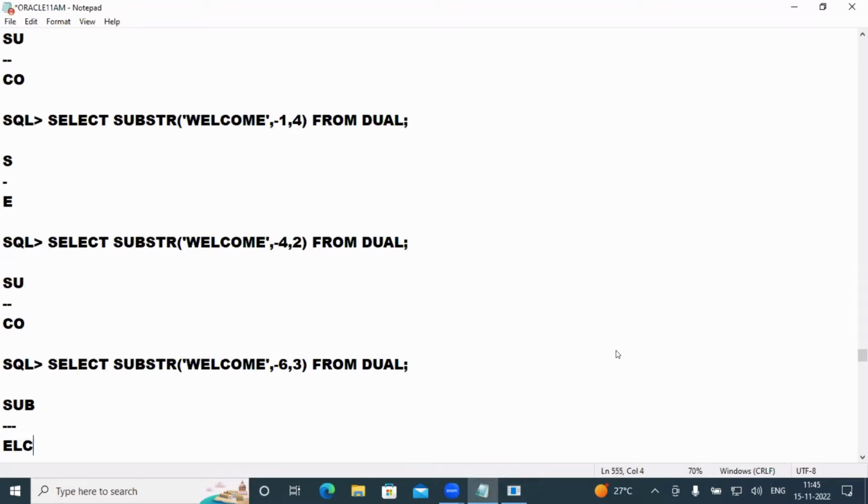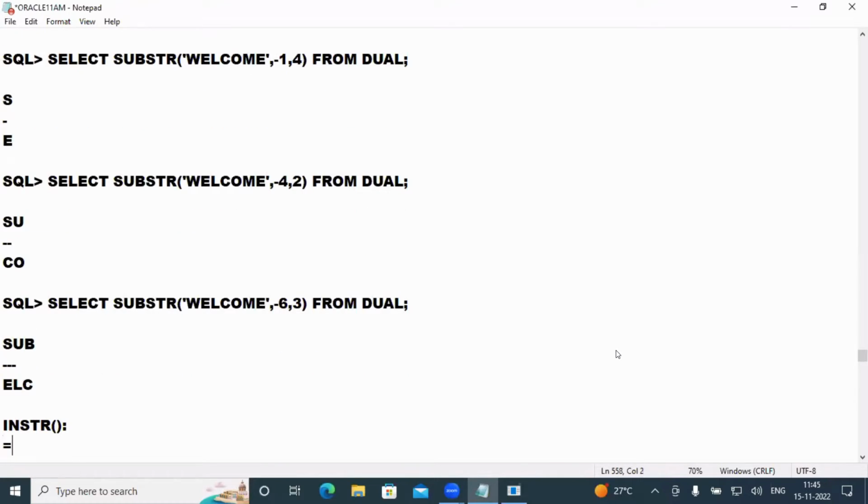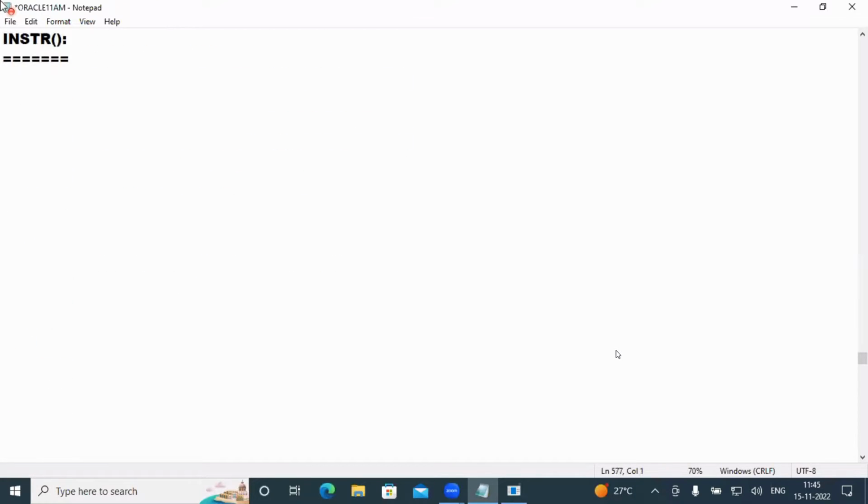Okay. And the next one is called InStr, one of the confusing string functions. In InStr also, carefully observe. In a string expression, what is the purpose of InStr?